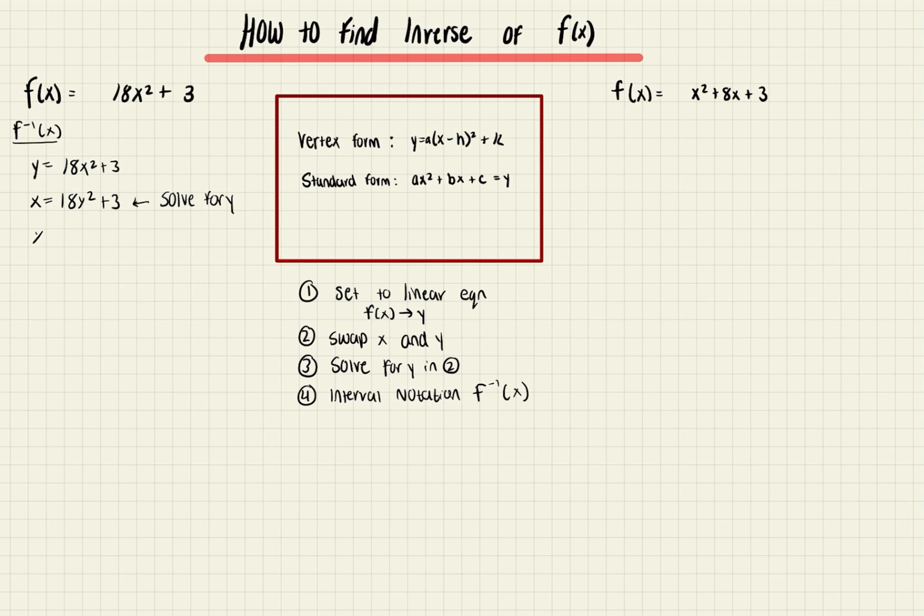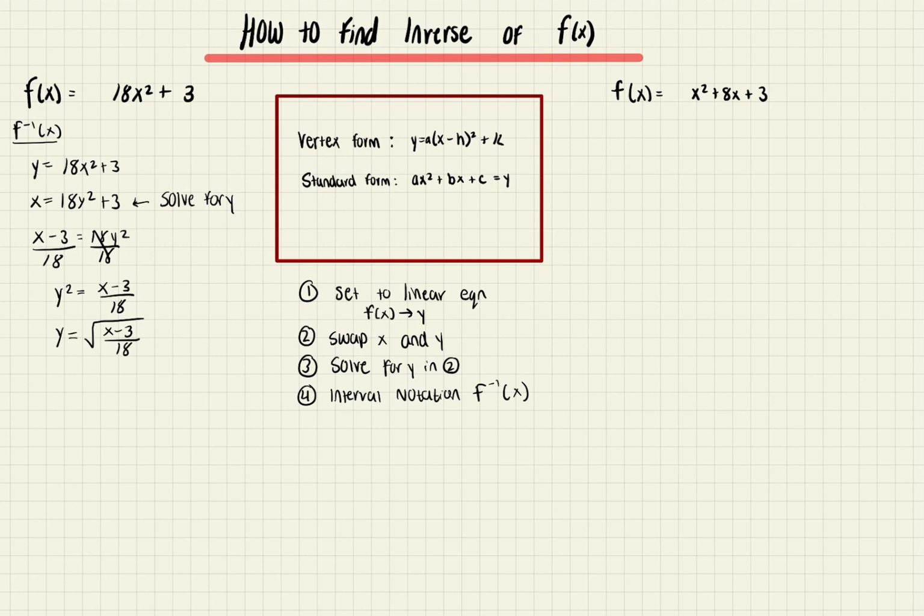And first thing we're going to do is x minus 3 is equal to 18y squared. We're going to divide both sides by 18. And we're going to get y squared is equal to x minus 3 over 18. And so y is equal to the square root of x minus 3 over 18.